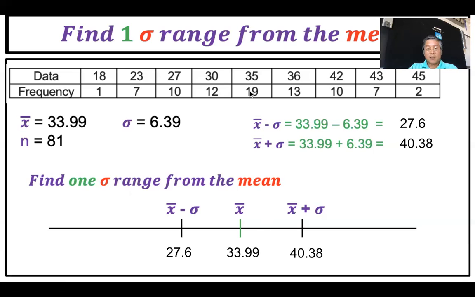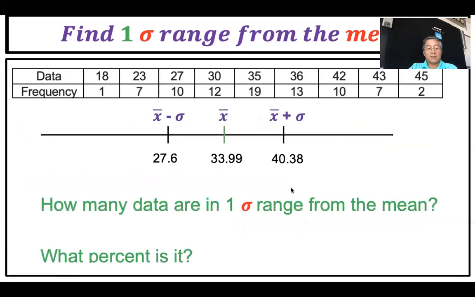You understand? How many data are there? 30 is 12, 35 is 19, 36 is 13. So 12, 19, 13. If you add them all, 31 plus 13 is 44 data, right? 44 data.